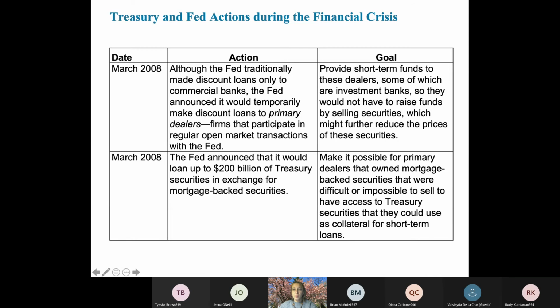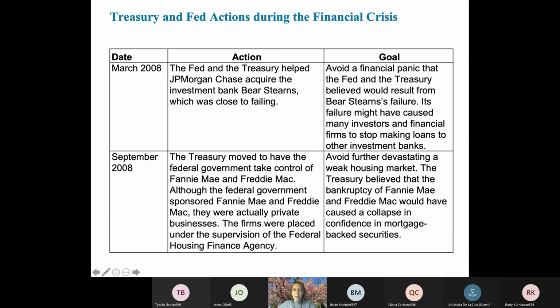Never before did the Fed lend to companies directly. The purchase of mortgage-backed securities, another big deal. Then the Fed helped JP Morgan Chase acquire Bear Stearns, and then there were deals with Fannie Mae and Freddie Mac, the government but sort of privately owned corporations that sold mortgages.